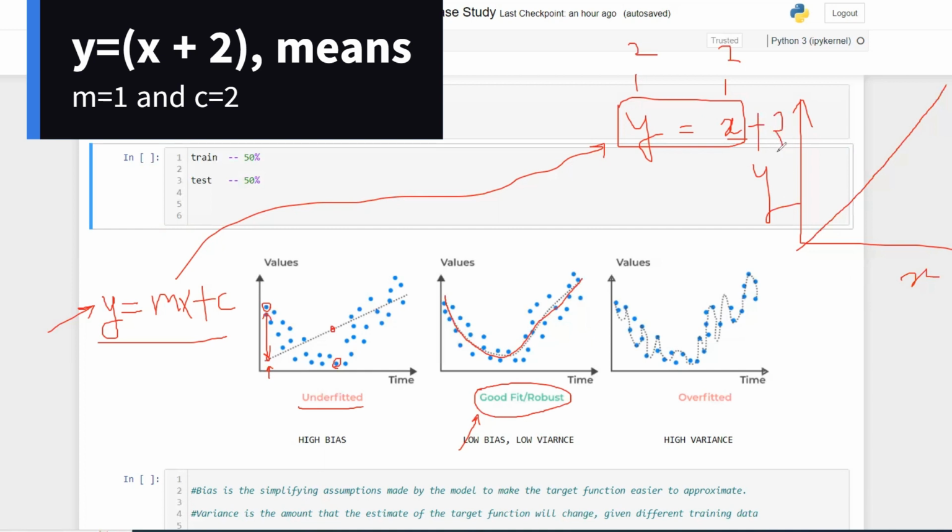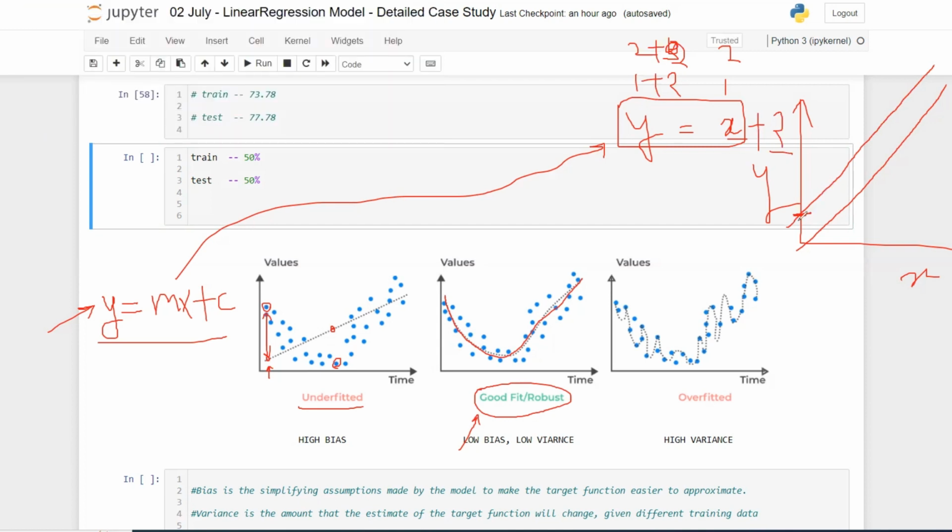So an intercept value of plus 2 means if x is 1, y will be 3. In this case, if x is 2, y will be 4. So this line which you have will be shifted upwards. It will always start from this intercept position, because every value is getting added by 2 places further on the linear scale, right? So that's how we need to understand the slope and the intercept.